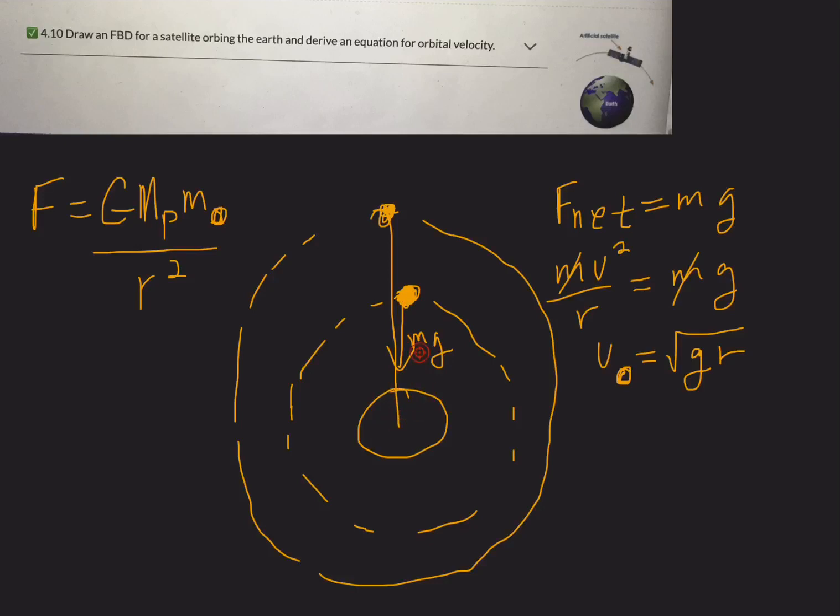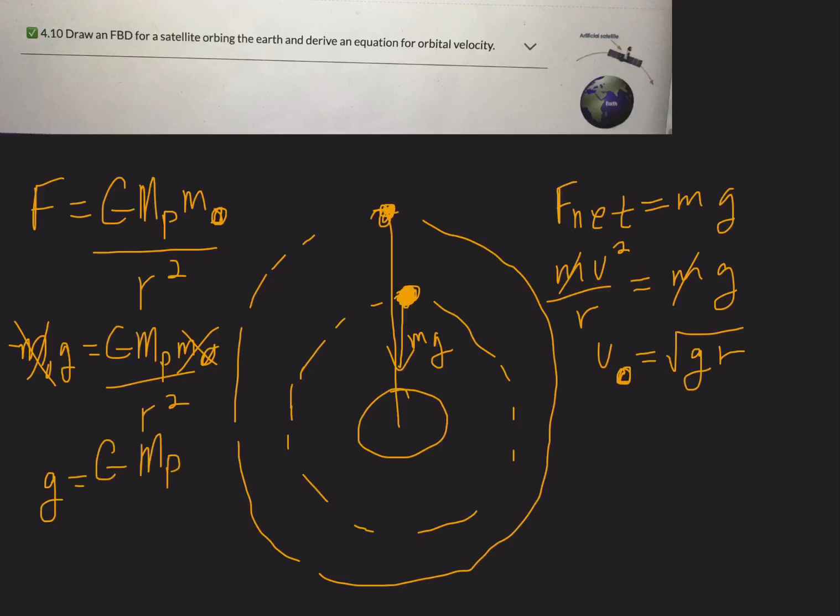Basically, it's the weight of that object, the downwards force that the Earth is pulling on it, which was m times g, the mass of the object times the gravitational acceleration towards the planet, and that equaled big G, mass of the planet, mass of the object, over radius squared. And of course, remember, the mass of the object always canceled out. So the equation for gravitational field was always big G times the mass of the big object pulling on the thing, the mass of the planet, divided by the distance squared, or the radius squared, from the object to the planet.